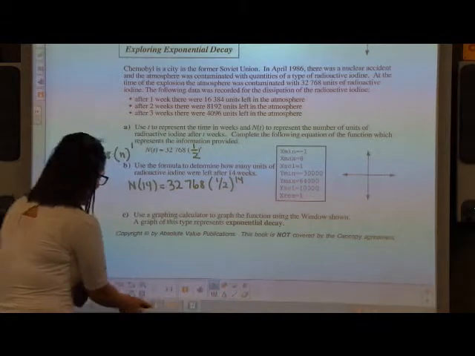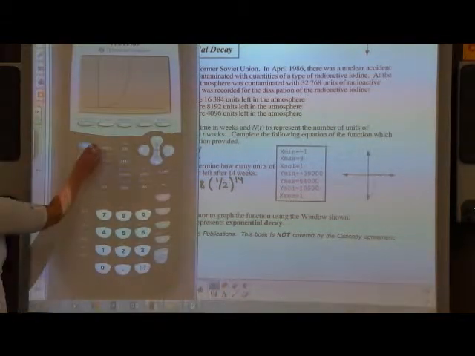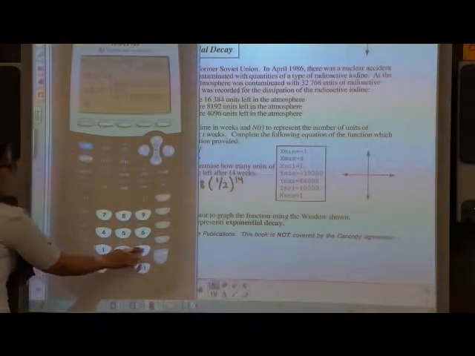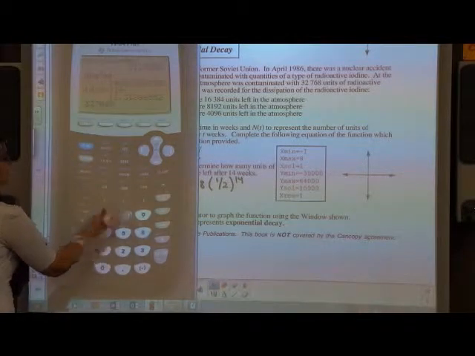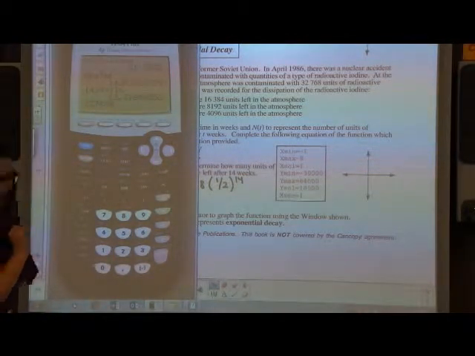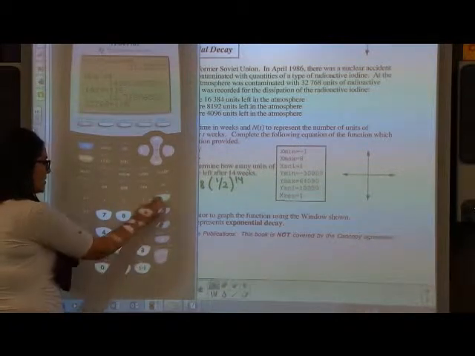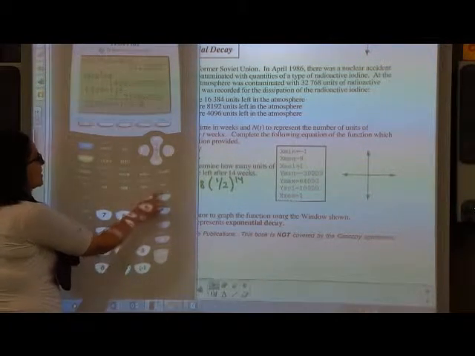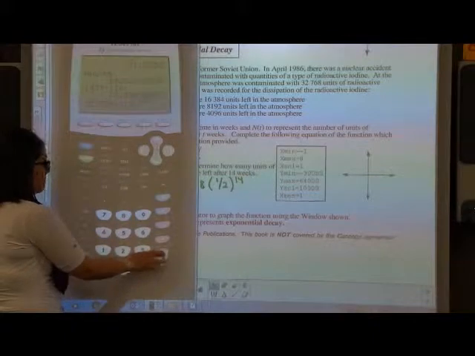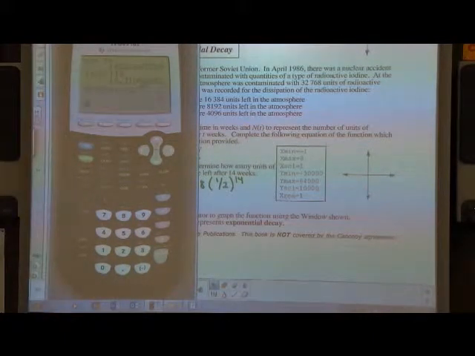When I put that into the calculator, 32,768 times bracket 1 divided by 2 bracket to the power of 14. How many units after 14 weeks? 2 units.